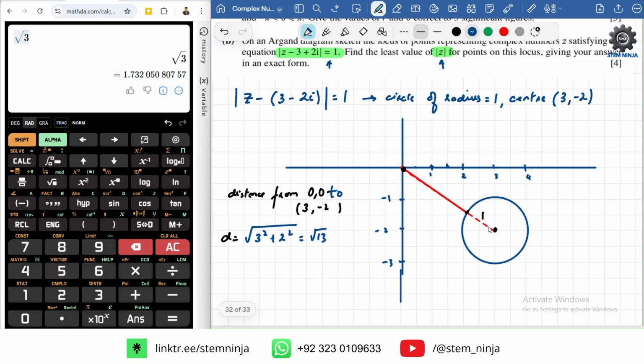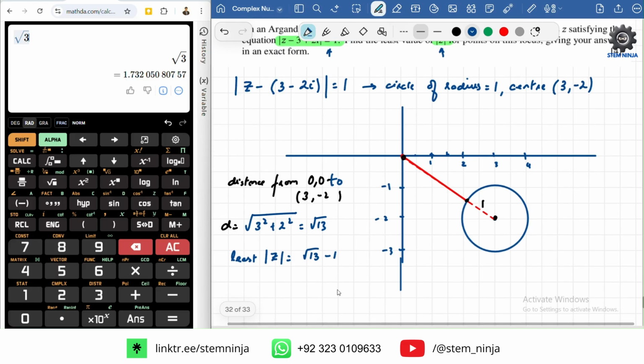So if the total distance from origin to center is root 13 and then you subtract 1, the least mod z would be root 13 minus 1. And that is the exact form. Similarly, had they asked for maximum of z, we would go up till this point, straight line, and that would have been root 13 plus 1.